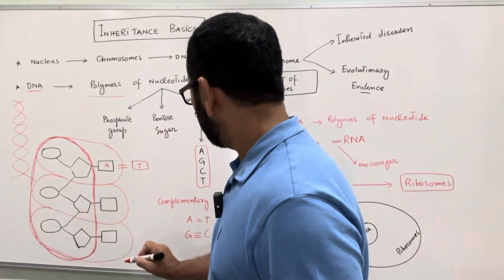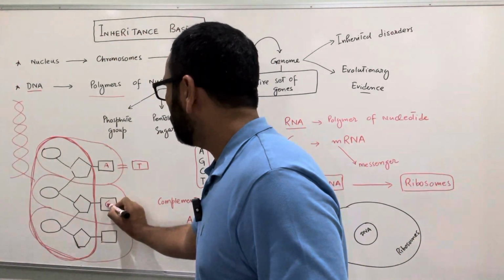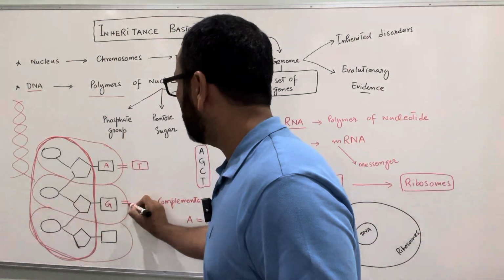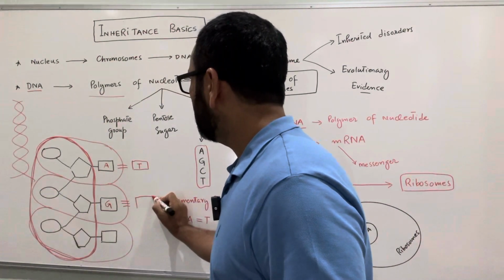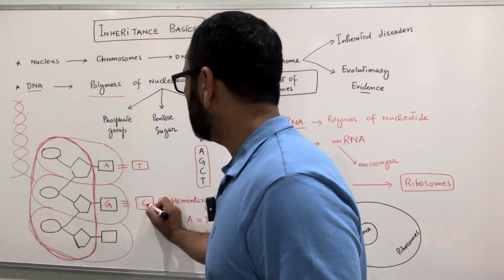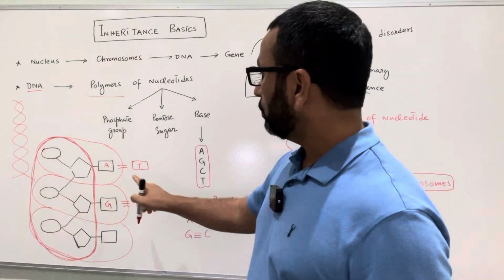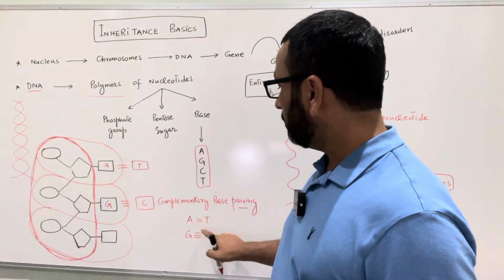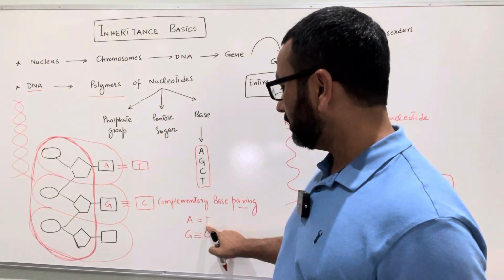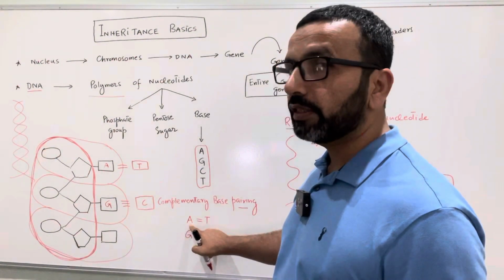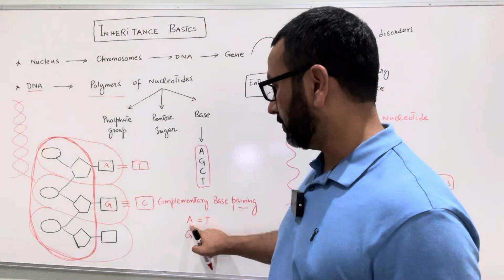And if it is guanine over here, that will always pair on the other side with cytosine. So A will make a bond with T, or T will make a bond with A. These are specific.